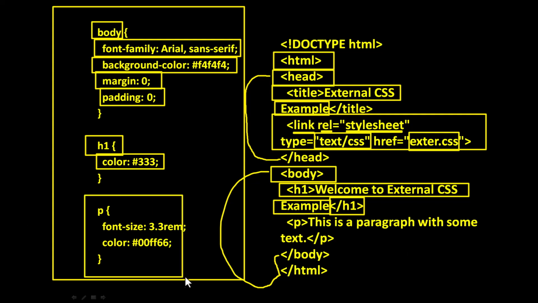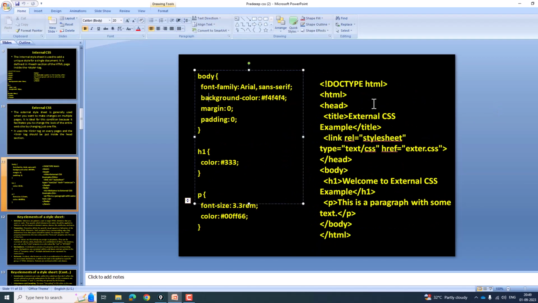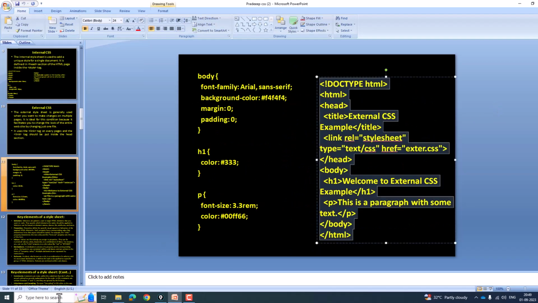Font size is 3.3 rem, which is going to specify the em and rem, which we will discuss in the next classes. The color we have specified in hexadecimal notation, 00ff66. Let us see this particular example.